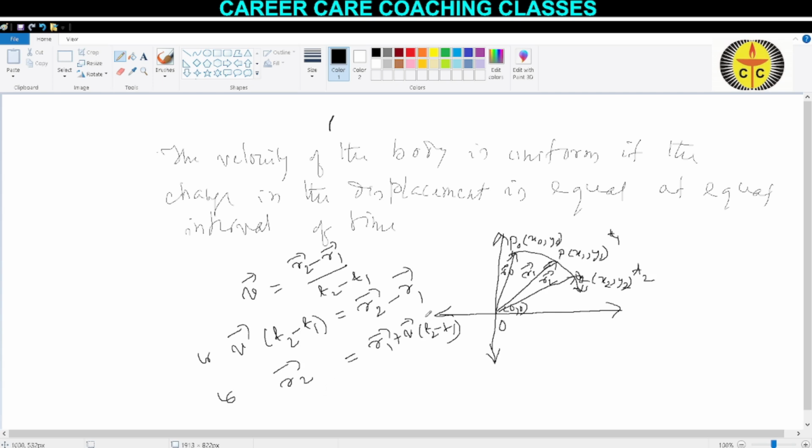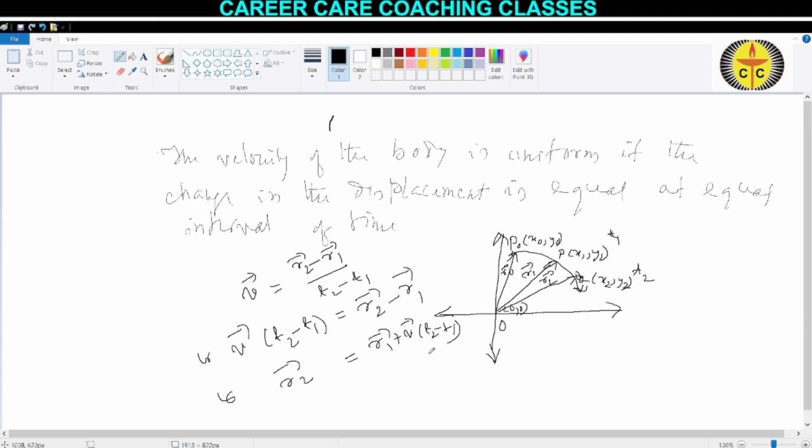If your P is at the origin, if you take P at origin, then what will happen? P is at origin means R1 coincides with the origin.